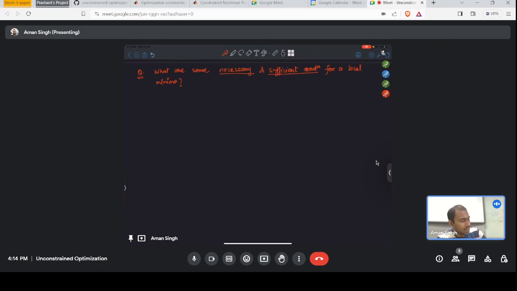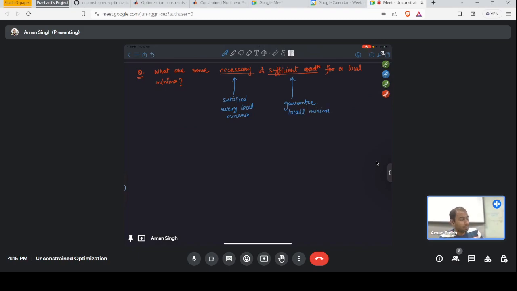So basically, what are necessary conditions? Necessary conditions are satisfied by every local minima. And sufficient conditions are, if these conditions are true, they guarantee a local minima.